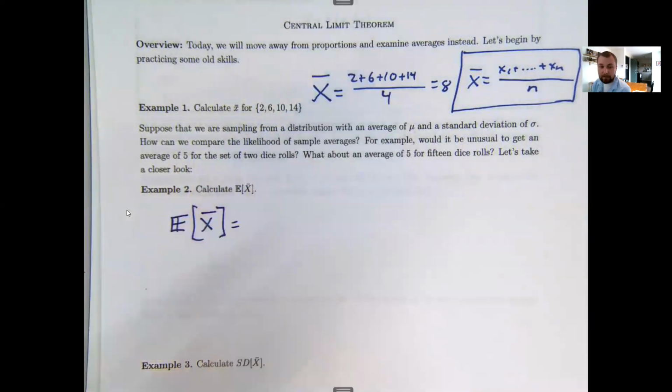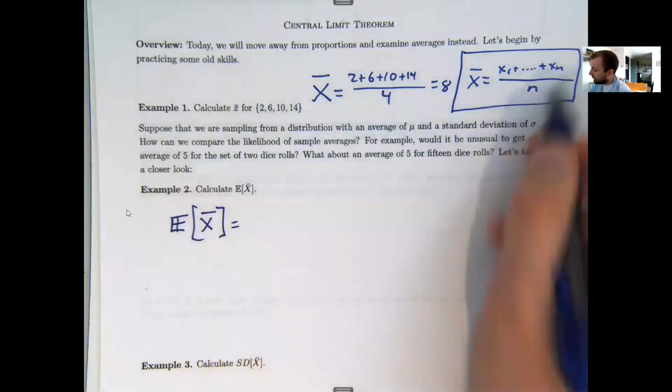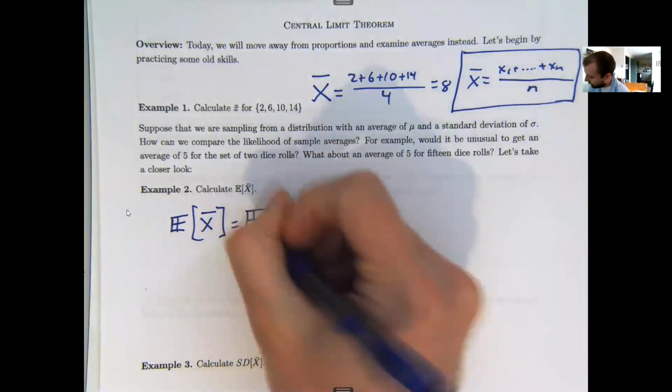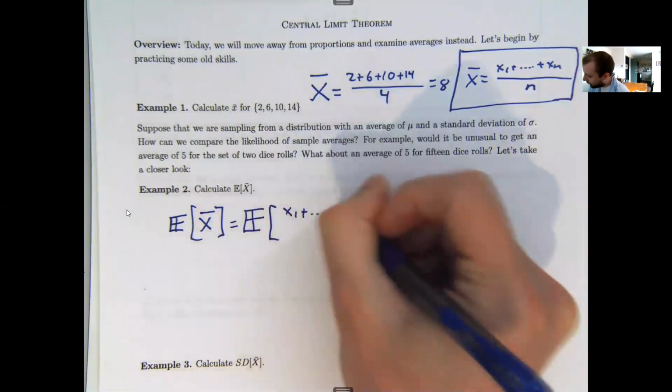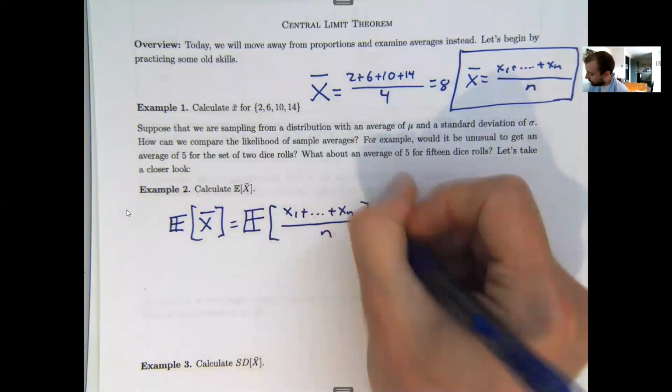So to find the expected value or the average here, I'm going to rewrite x bar using this above information. X bar I get by adding up all of my x values, and I divide this by the number of terms.